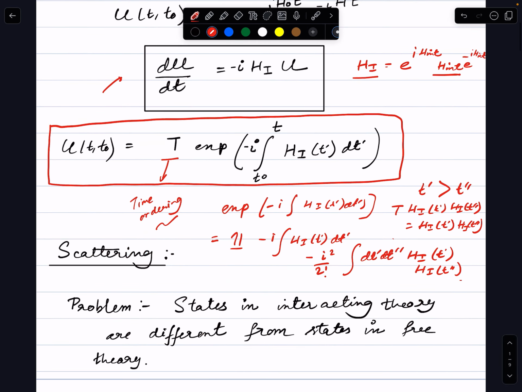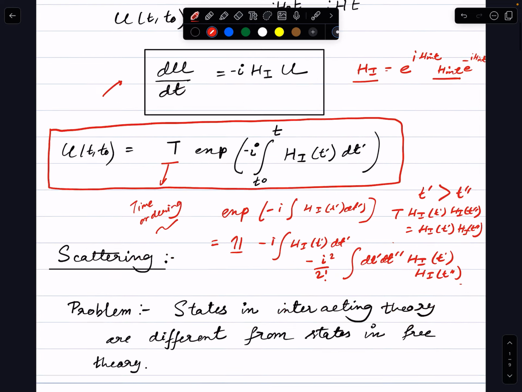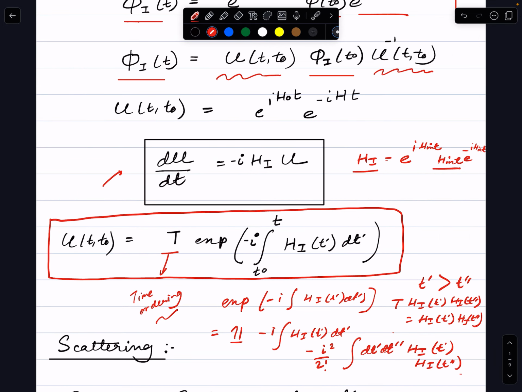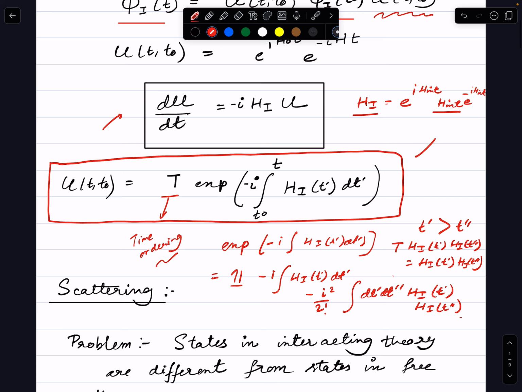Okay, so here time ordering is naturally coming as the correct answer of finding how this operator evolves in time. So how the interaction picture field evolves in time, the answer is it evolves by acting with this operator. If I want to have an interaction happening, something interacting with something else, what I want to see is how the initial state is evolving in time to the final state.